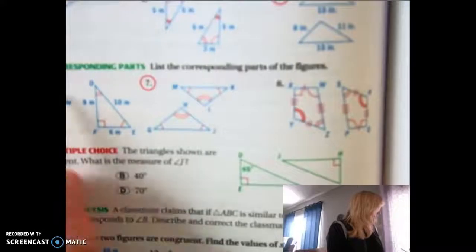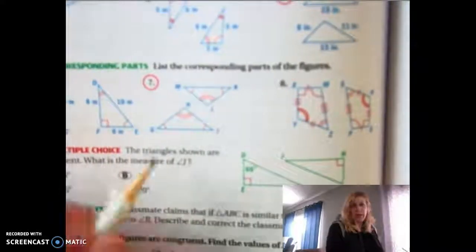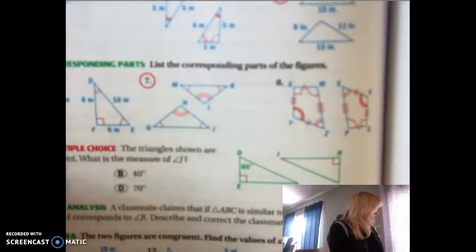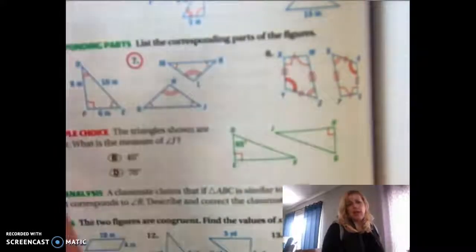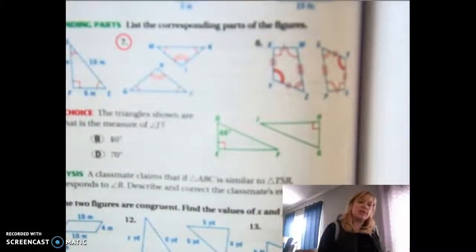So if all of the sides are proportional, meaning that it's just a blow up, you can find 3 is to 6 as the unknown is to the other one. So you can set up a proportion just like we learned in our last chapter. So when in doubt, do that.